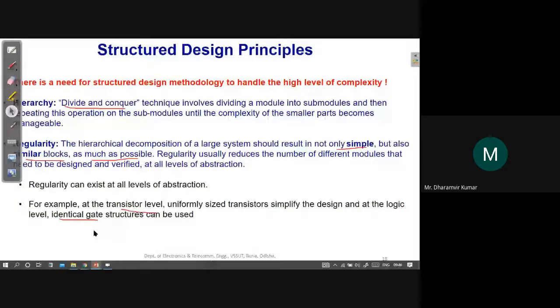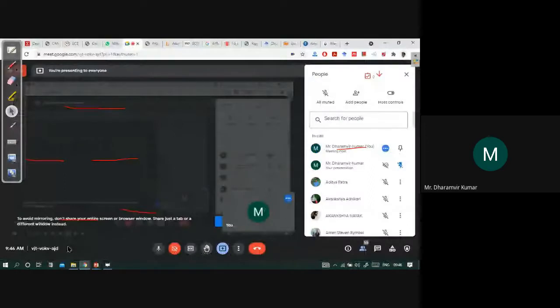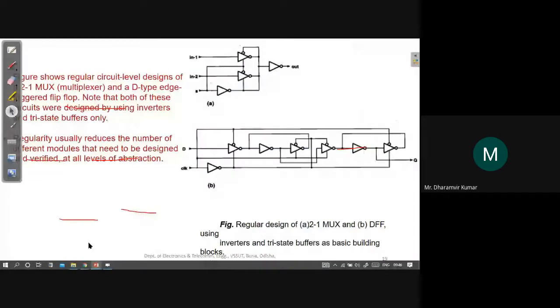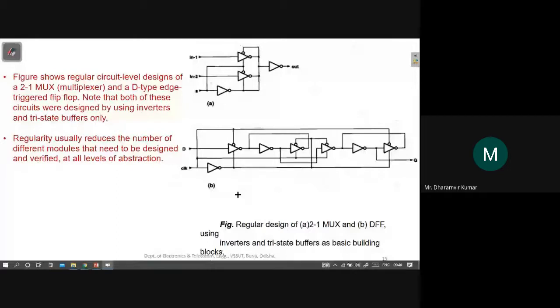So it tells about the possibility of what should be done. For example, look here, a 2-to-1 multiplexer circuit. Look at this circuit first.